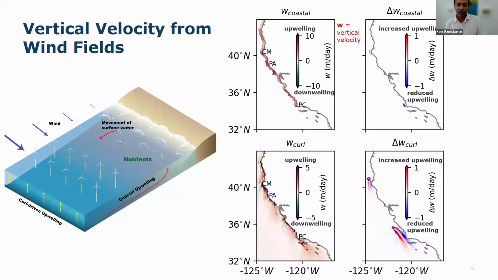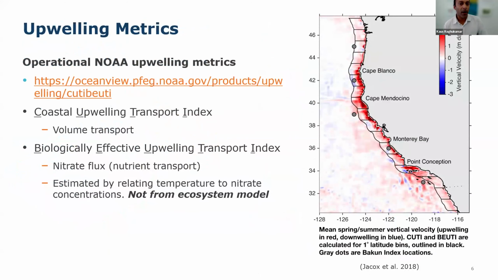In this study I should clarify that we're only looking at the physical circulation, just the physical vertical velocity. We haven't run an ecosystem model, so we can't tell what the implications of this dipole are on nutrient delivery to the photic zone.